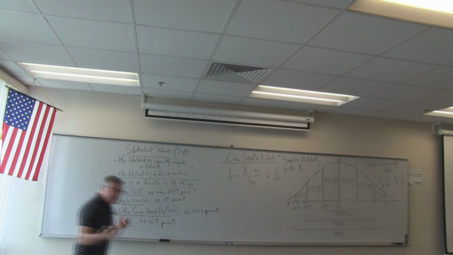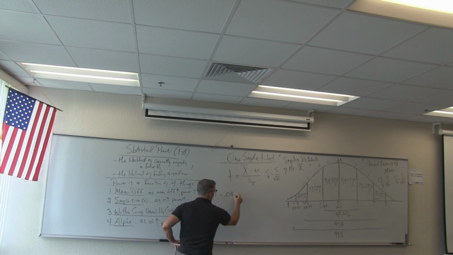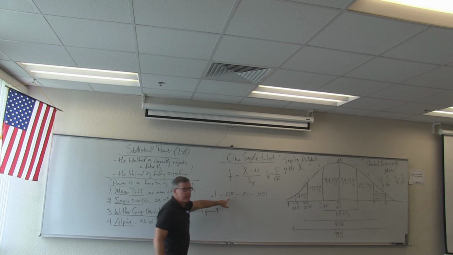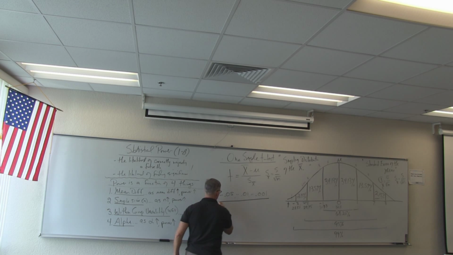Well, let's readdress alpha. You remember I said common alpha levels are 0.1, 0.05, 0.01, or 0.001. And we now know that 0.05 is the most common. But if you notice, the numbers are increasing this way.